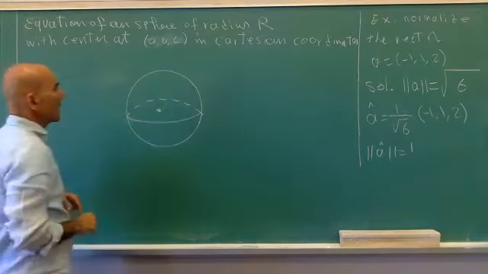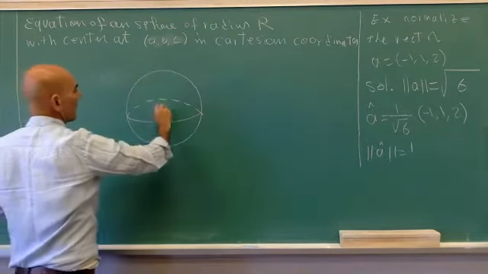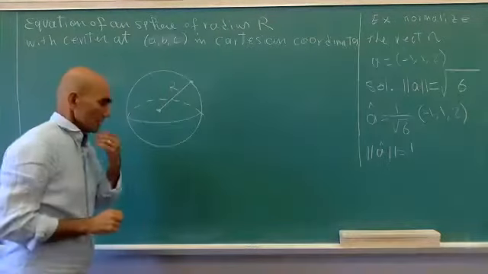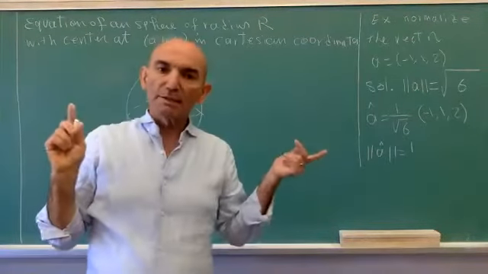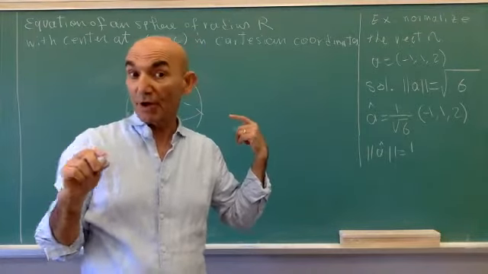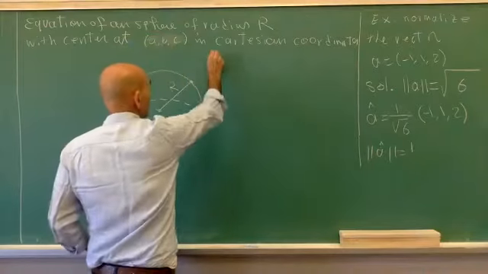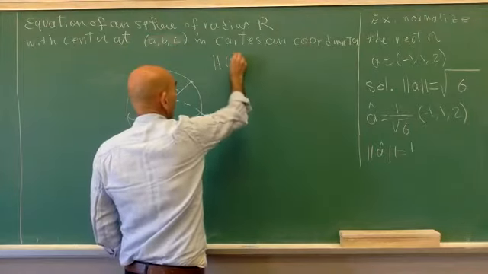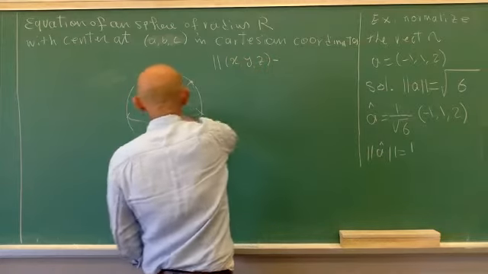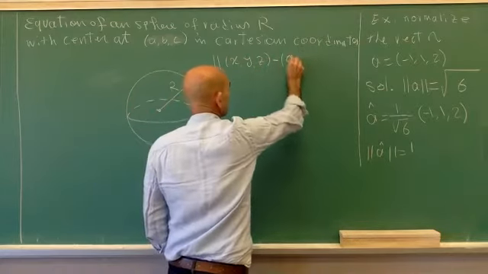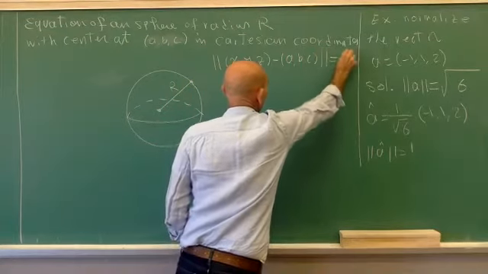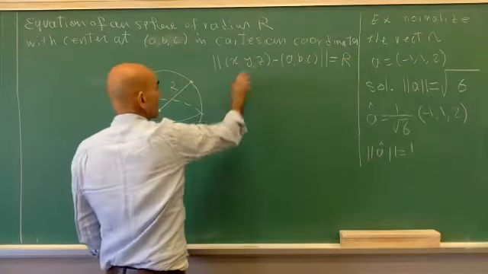So this is the center, which has coordinates ABC, and the radius is R. So a point is on this sphere if and only if it has distance capital R to ABC, right? So the distance between X, Y, Z and ABC must be equal to R. But what does this equation mean?